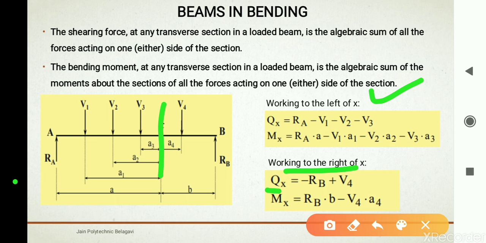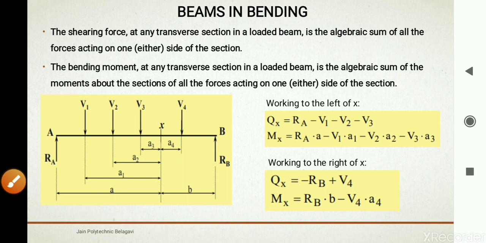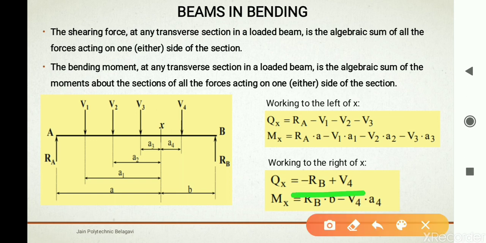If you want to take the shear force at X, see that the reaction is acting upwards, right? Reaction B is acting upwards, so they are taking a minus sign there. And a downward force beyond X is positive. So minus RB plus V4.